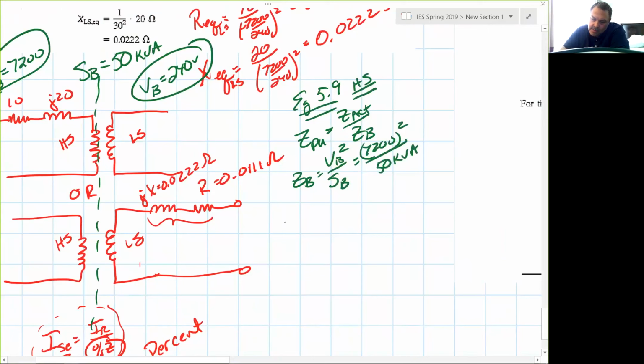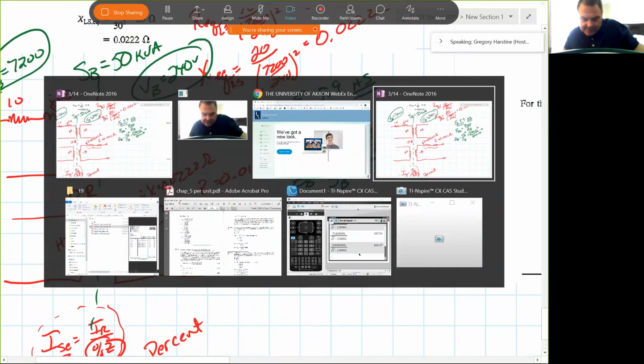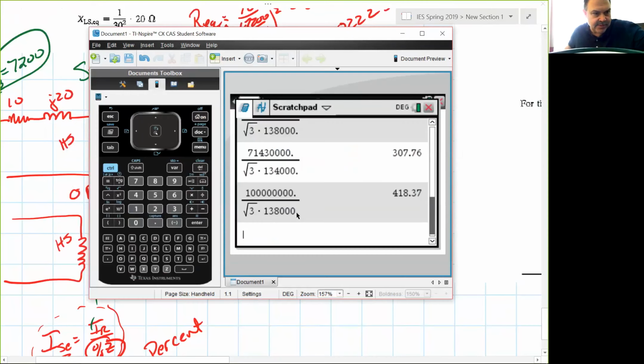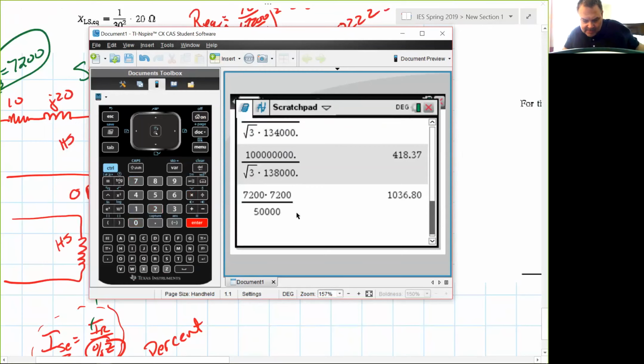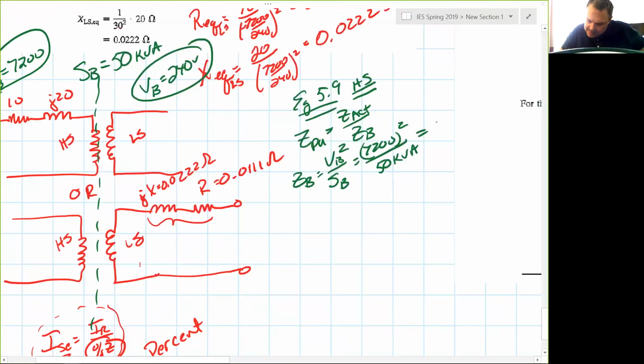So Z base, what's that equal to? 7200 times 7200 divided by 50,000, and I get 1036.8 ohms.